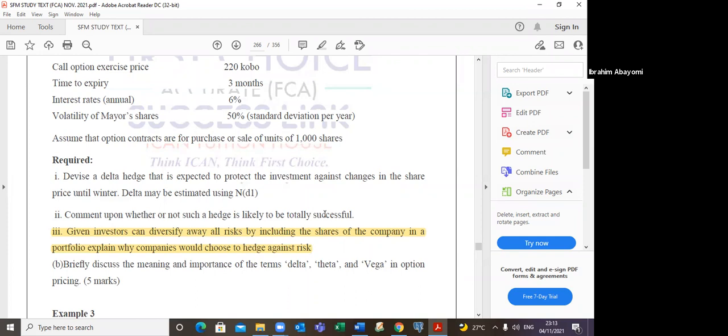However, investors' risk exposure is the total risk of their investment.